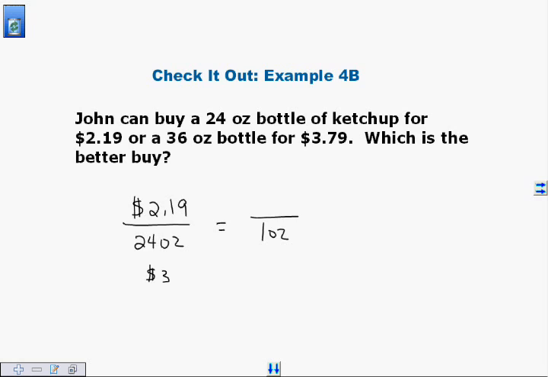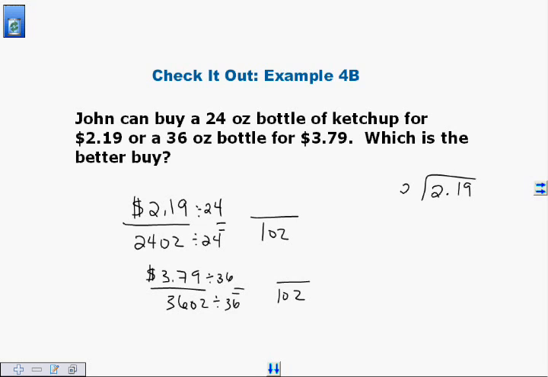Or $3.79 for a 36-ounce. I'm going to break it down to 1. So let's divide out this first one. If we divide by 24, we'll get 1. If we divide by 36 here, we'll get 1. What you do to the bottom, you do to the top. So let's set this up.